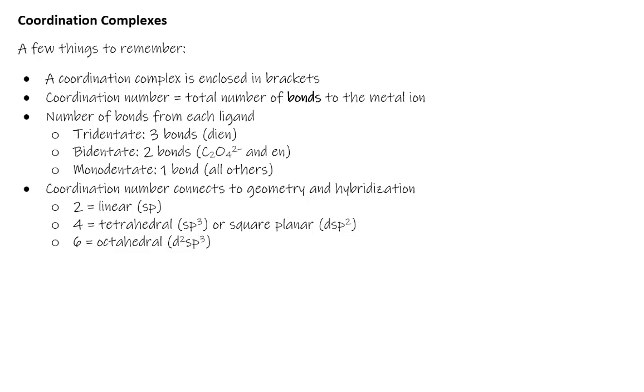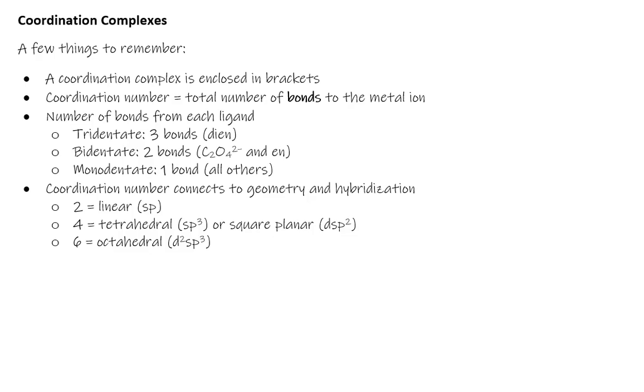All complexes that have a coordination number of 2 will be linear, and the hybridization for a linear complex is sp. All octahedral complexes have a coordination number of 6, and that hybridization is d2sp3.